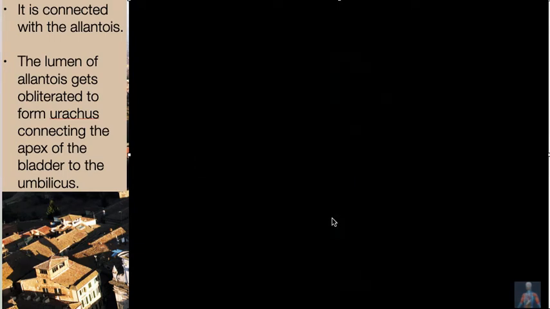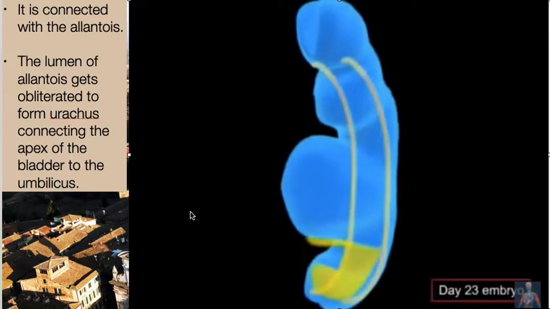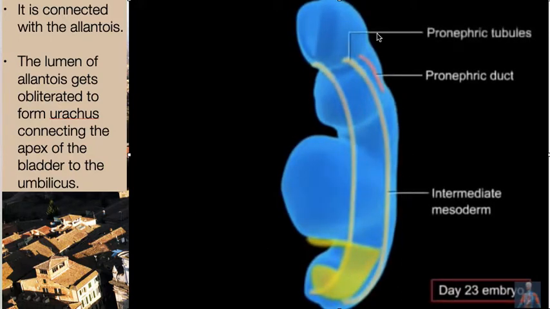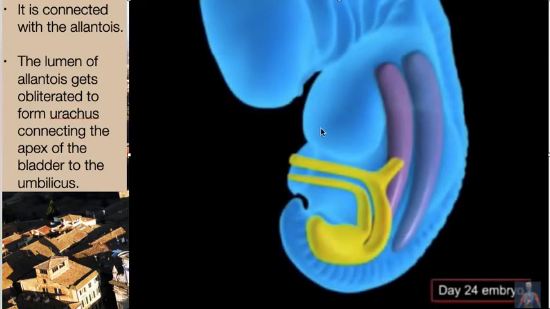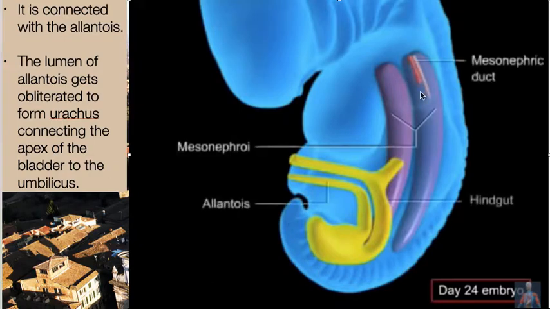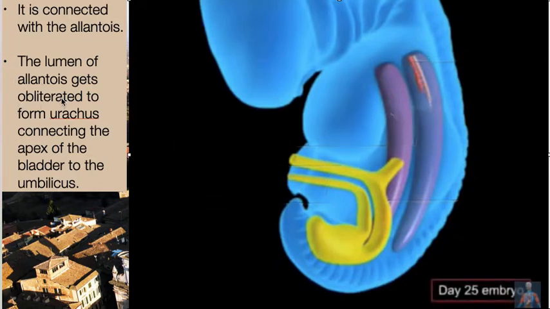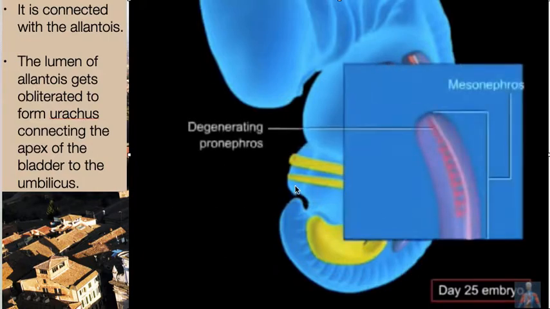We have done this before in the previous slide, just this is the revision, right? Intermediate mesoderm where the genitourinary system is getting formed. This is the cloaca. You can see the mesonephric duct being formed. This is the allantois that we're talking about, which gets obliterated to form the urachus, connecting the apex of the bladder to the umbilicus.